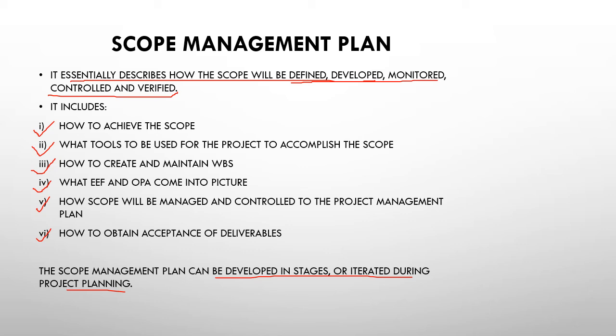Any decision that you take while planning your other knowledge areas may impact the way you are going to manage your scope. So all those decisions which can impact the management of scope are to be incorporated in the scope management plan.